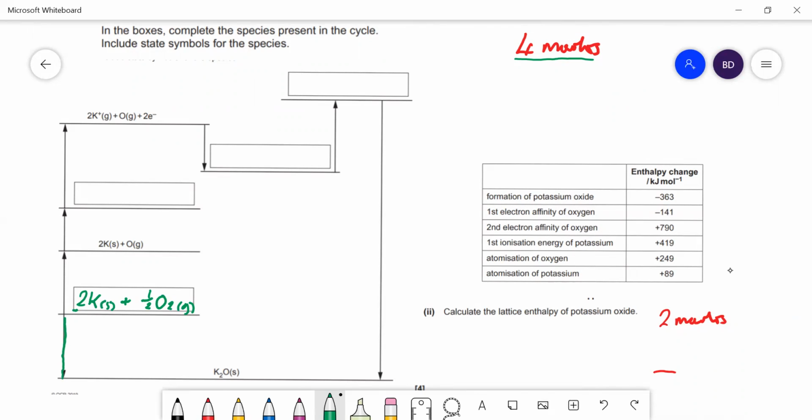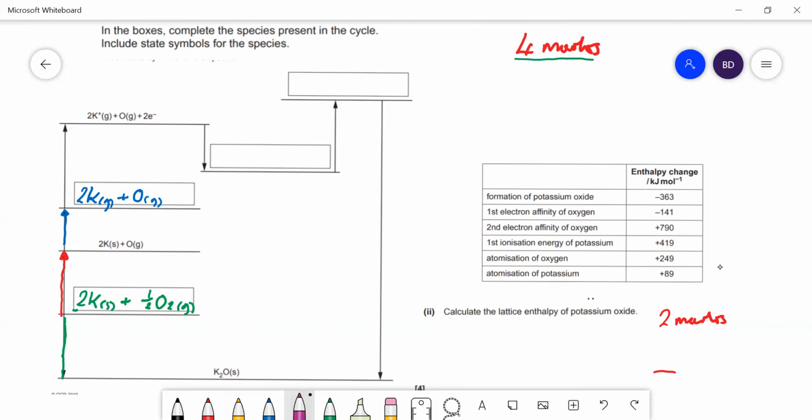Now with this red arrow, we are atomizing the oxygen, and we haven't done anything to the potassium. With this blue arrow, we've got to atomize the potassium. So that's going to go to 2K gas, plus O gas.